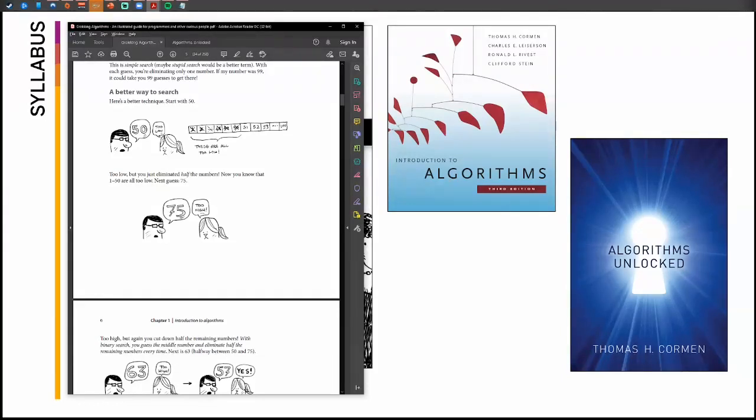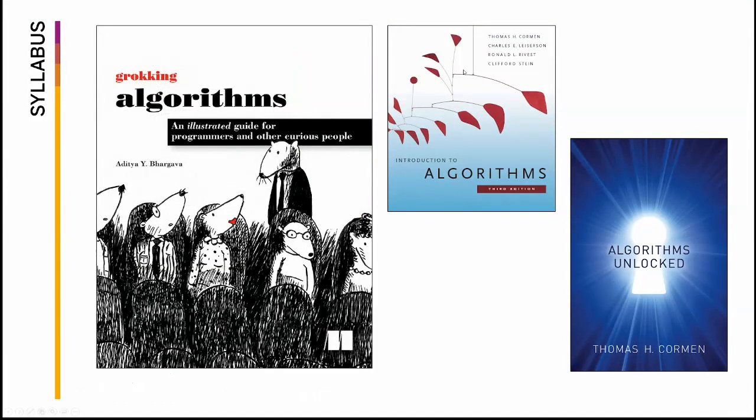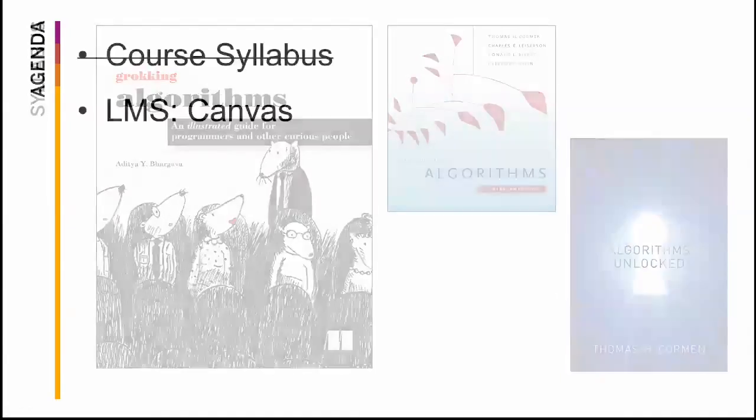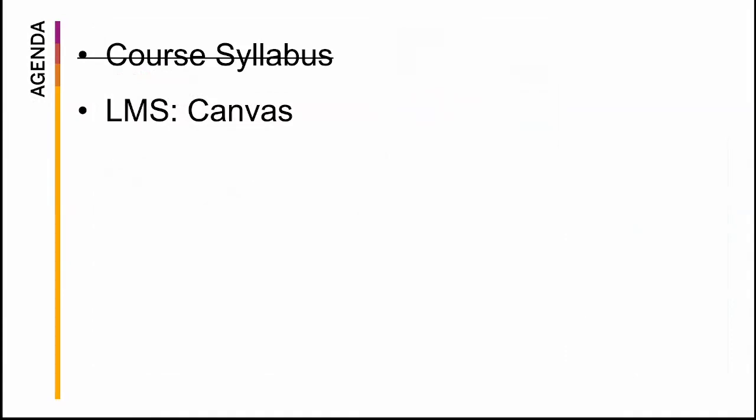He reduced the mathematics and put in more real life problems and real life experience into those topics, and published it as Algorithms Unlocked. So it's also a safe book to look at. These are the three references that I might be citing in the slides and discussions later on. Okay, any questions?